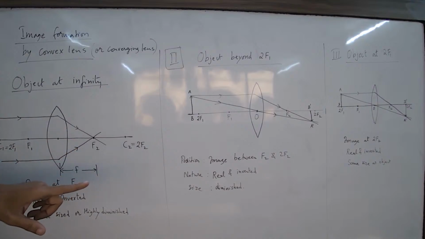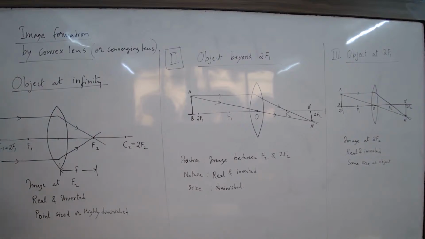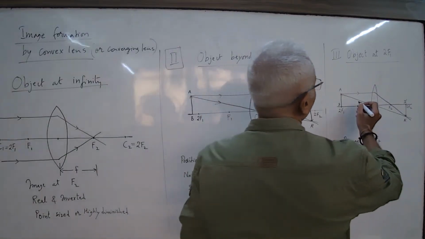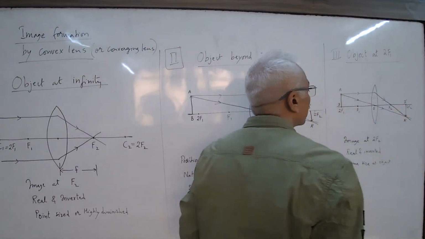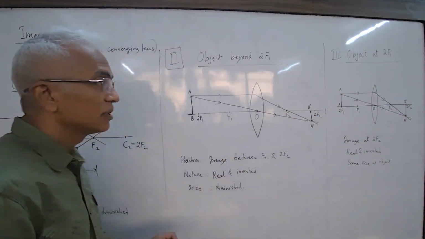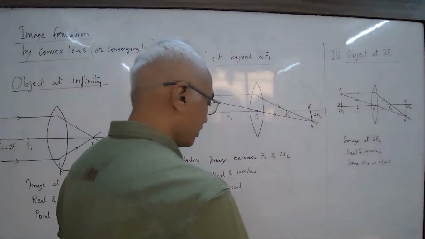So only the image position is shifting from front to back, but the nature is the same for all the object positions, though the lens is convex instead of concave.